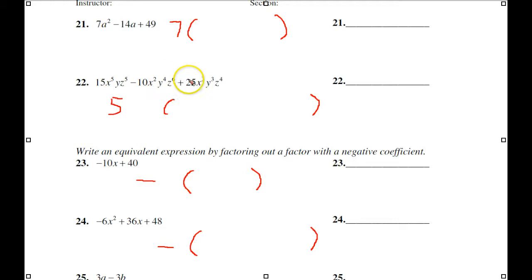We can take a 5 out of each one. Now here we have x to the 5th, x to the 2nd, x to the 3rd. So the greatest common factor we could take out of the x's would be x to the 2nd. And then the y to the 1st here. Looks like we can take a y out of each term. And then z to the 4th is the largest we can take out.